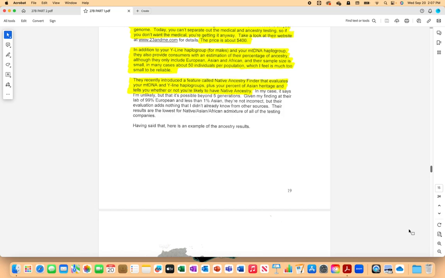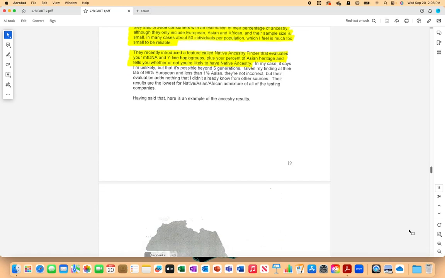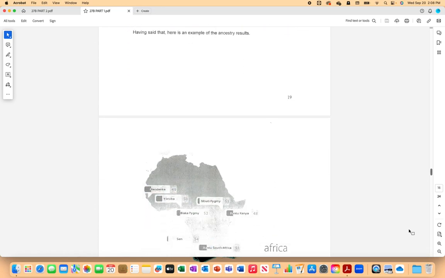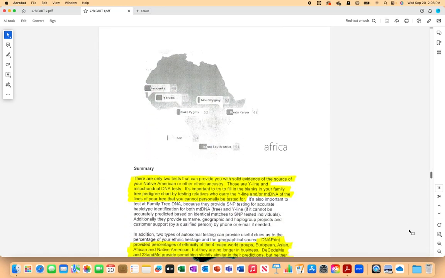Asia, Native American. What is the correlation, if any?